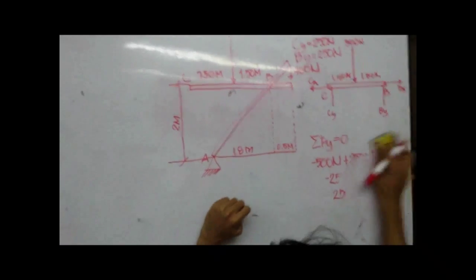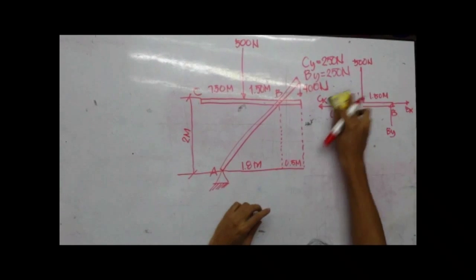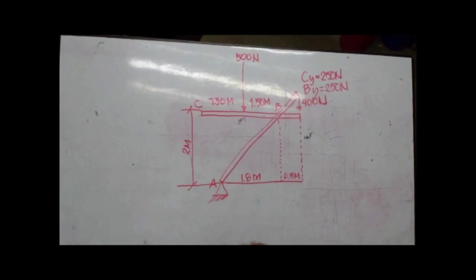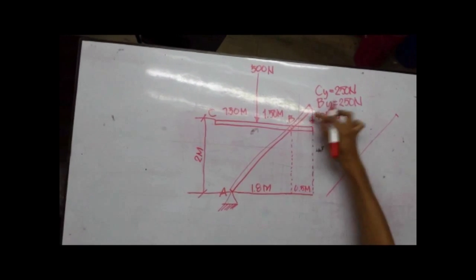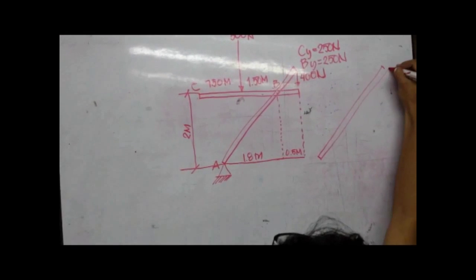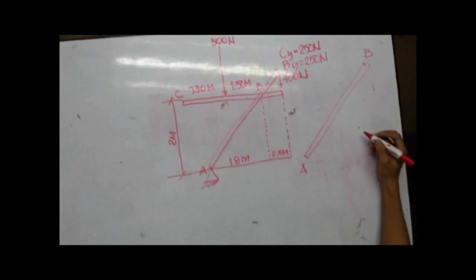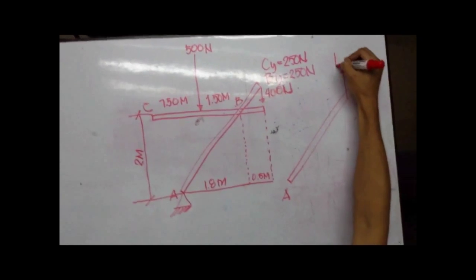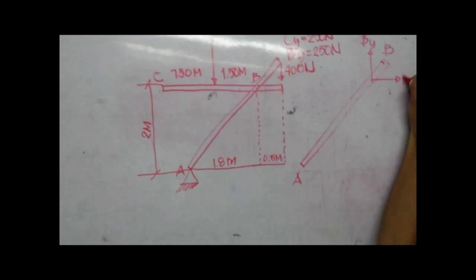Moving on, we have to know the values of Cx and Dx. We have to make use of the second free body diagram of this segment, which has point A and point B. Similarly, we have the forces of By going up and Bx going to the right.